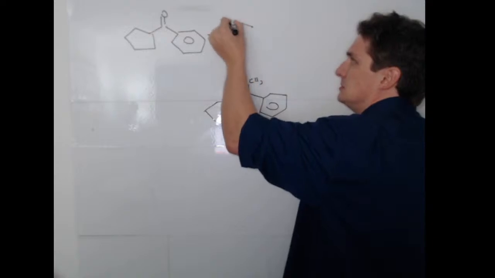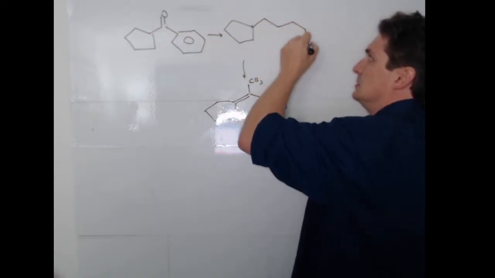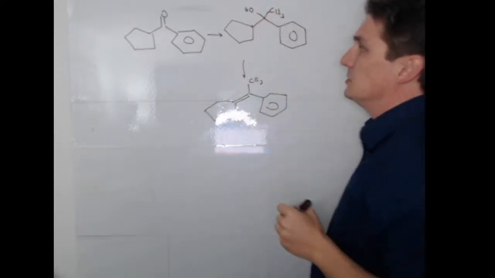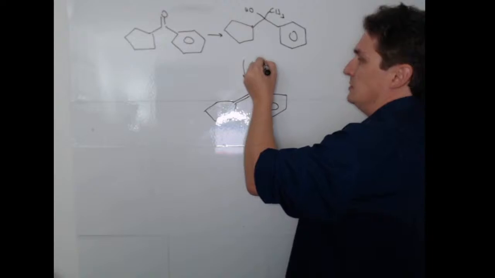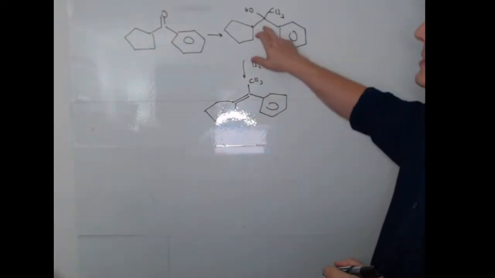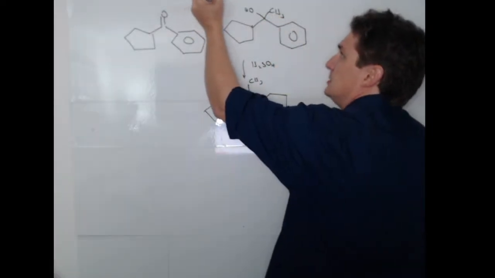An easy way to do this is to go through an alcohol. And what we can do with the alcohol is remove it with concentrated sulfuric acid to give us the dehydration. So how do we do this? Well, it's just a Grignard.